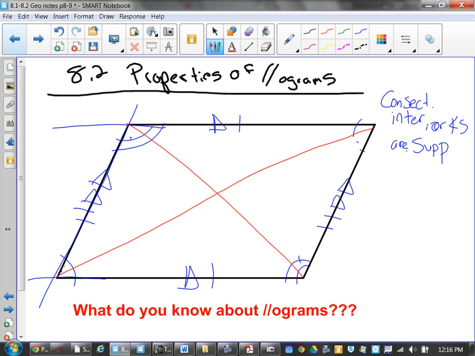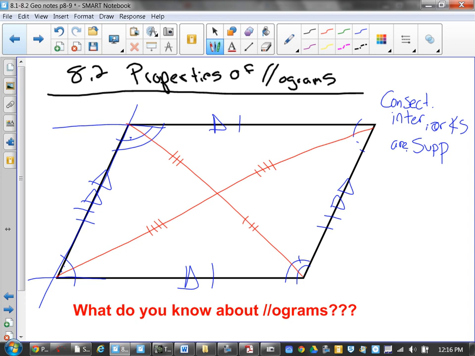And what happens with these diagonals is that the diagonals bisect each other. The diagonals always bisect each other in a parallelogram. Okay? If you didn't draw this picture big enough in the notes, it probably looks awful, which is fine, not a big deal.